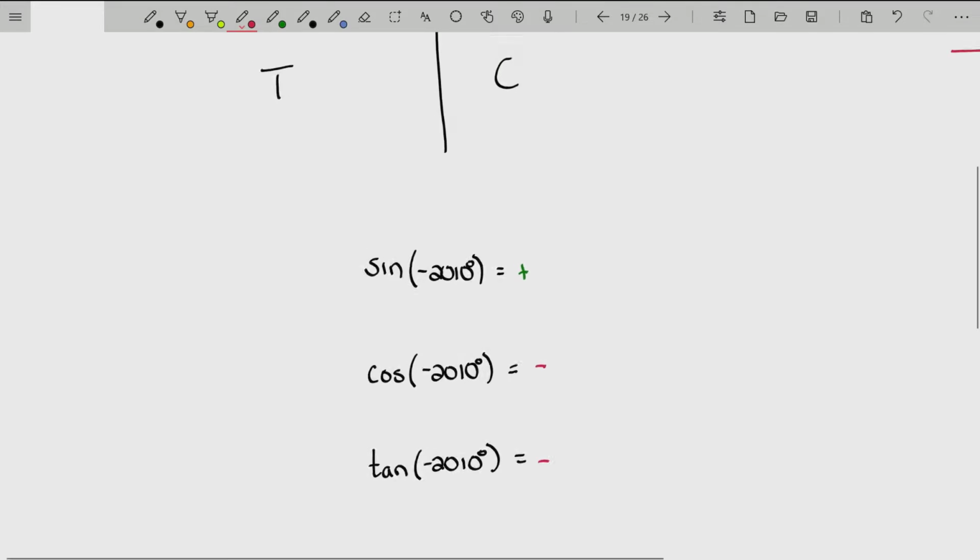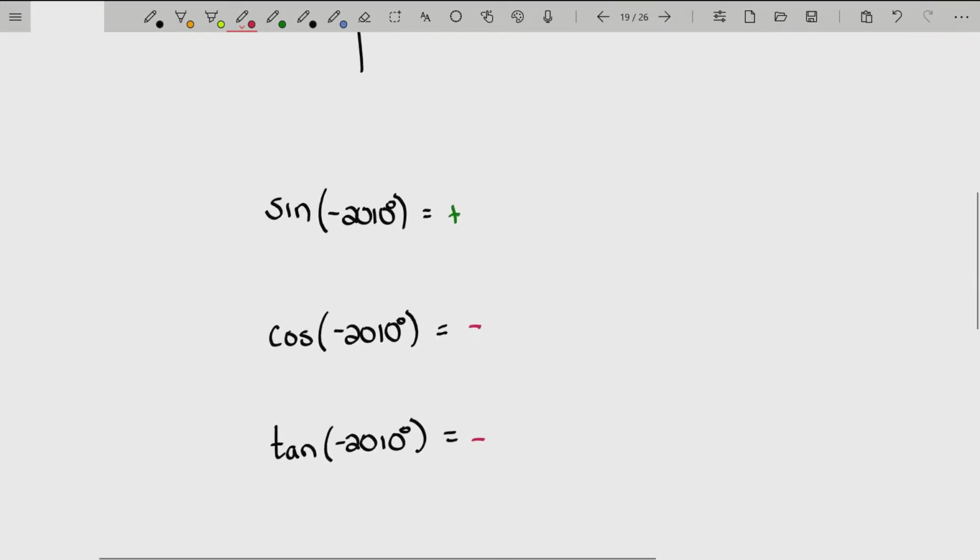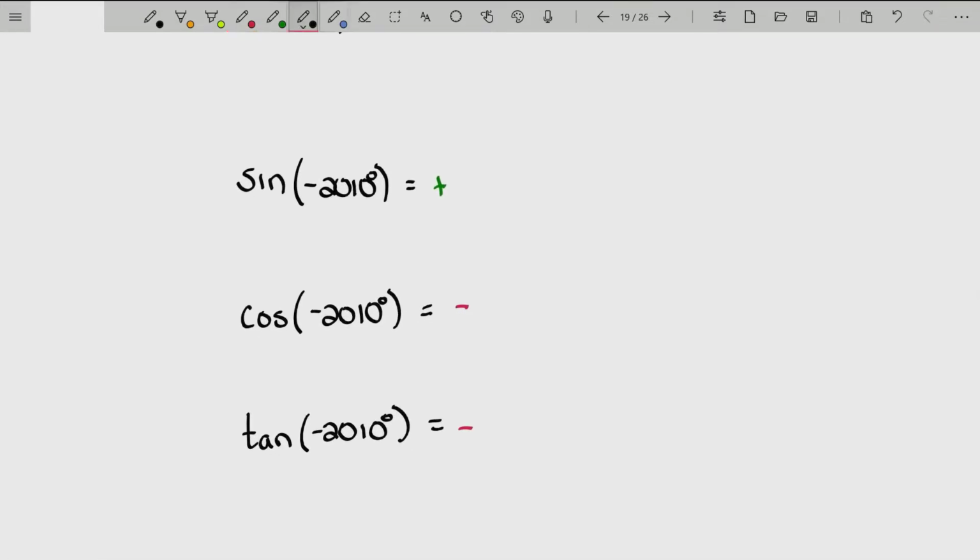And again, our reference angle was 30 degrees. So this will be the same thing as a positive sine of 30 degrees. And this down here will be the same as a negative cosine of 30 degrees because we're in quadrant 2, cosine is negative. And the negative tangent of 30 degrees, again, because we landed in quadrant 2, tangent will be negative.